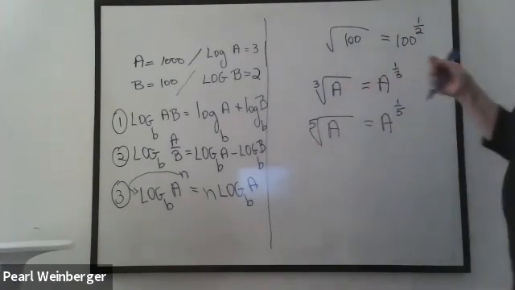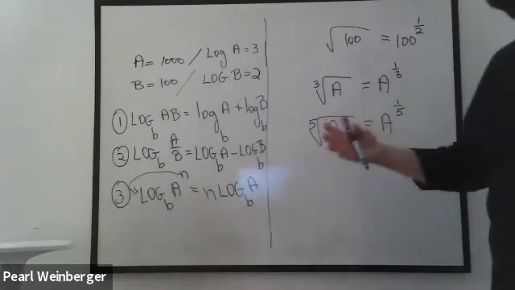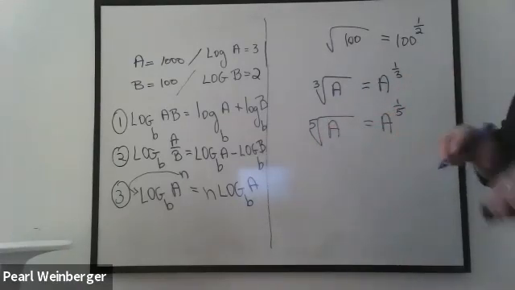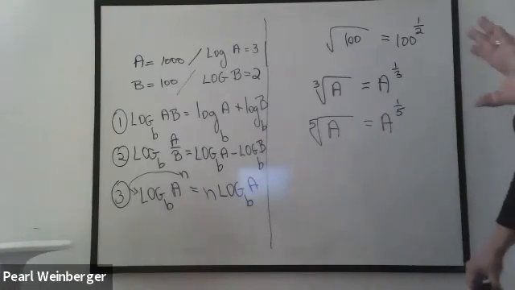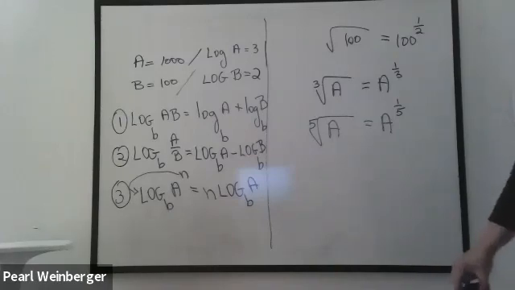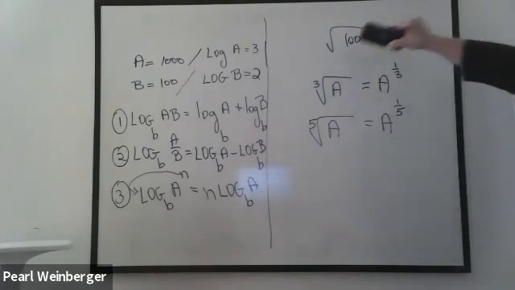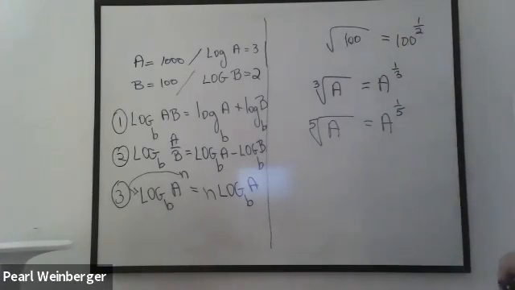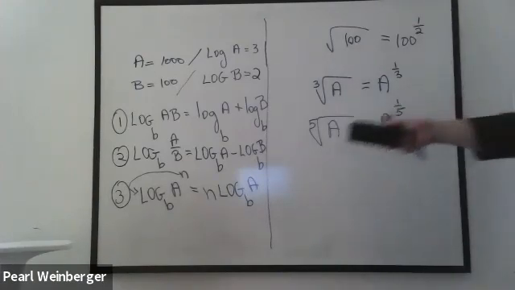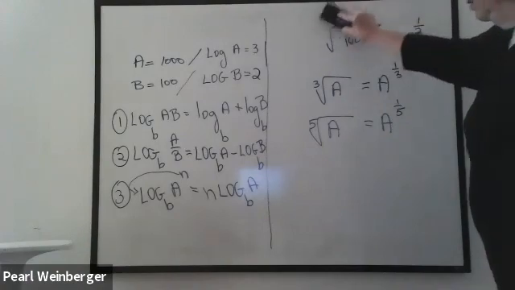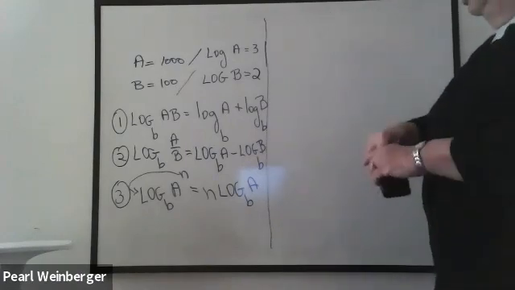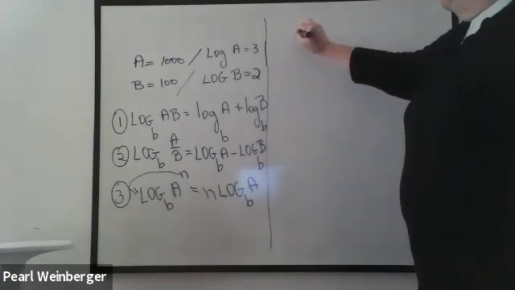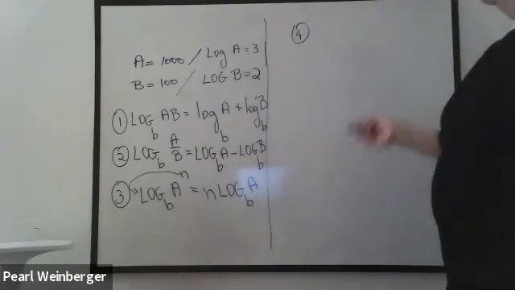So I can do roots by just writing them as exponents. They are fractional exponents. When you're working with this chapter on logs, we never do square roots or cube roots. We only do exponents. So if I have to do something that involves a root, I right away convert it to an exponent and then use the exponent rule, which means, suppose I asked you to do, I'll call it rule 4, but it's really part of rule 3.